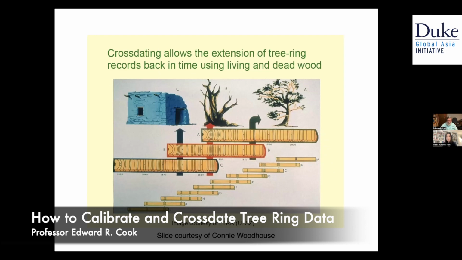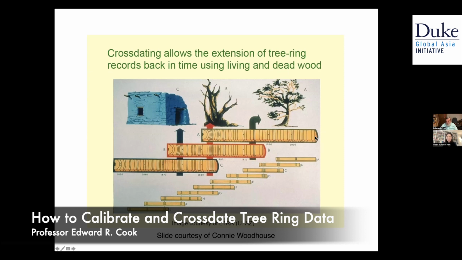Cross-dating also allows the extension of tree ring records back in time using living and dead wood. Here's a schematic, a cartoon example, that shows what I'm talking about. We start out sampling a living tree, right here, and then we take a sample of wood from a dead tree, and also from maybe timbers from an ancient dwelling, and we match the patterns of rings that overlap between the different samples.